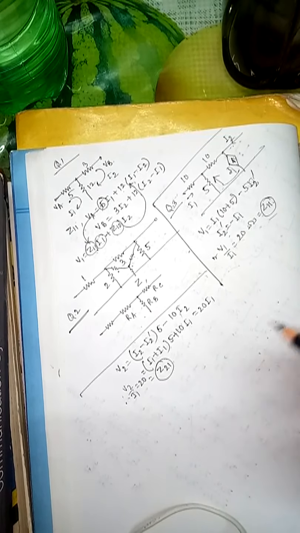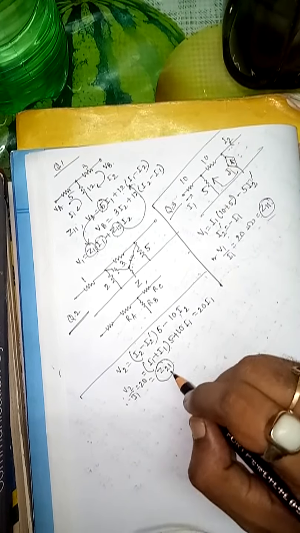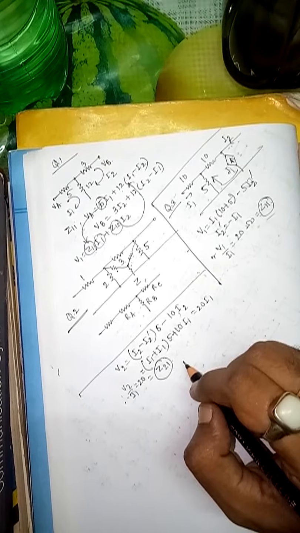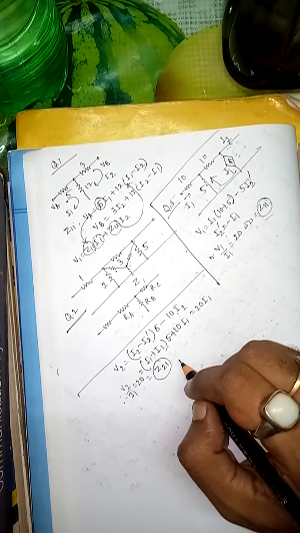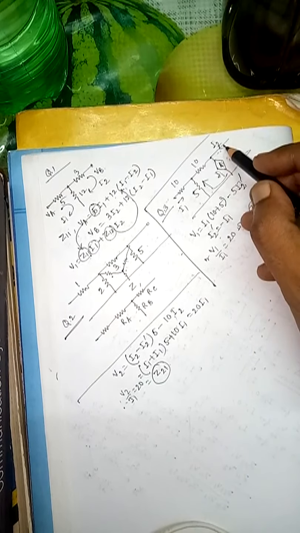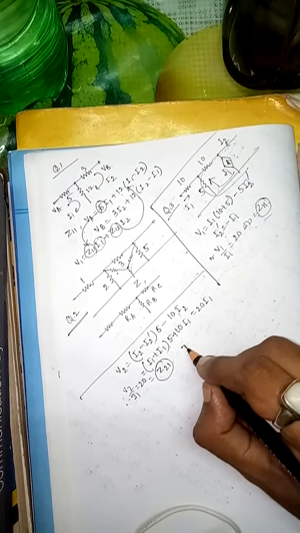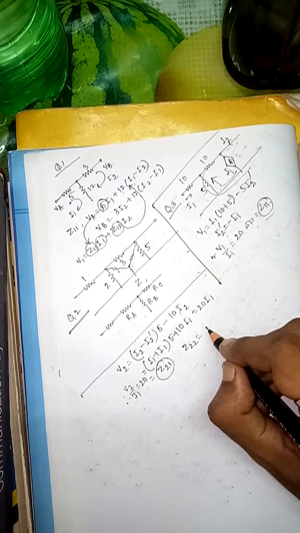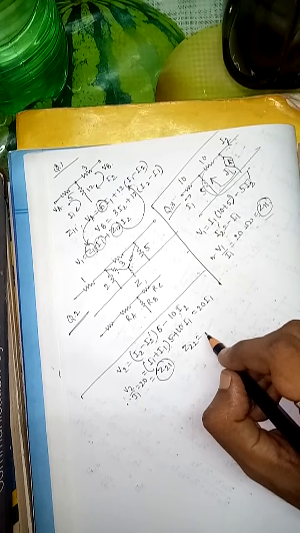So how to get the other value? You have to use the circuit in a different way, so you have to get Z22. So how to get Z22? Here, if you are considering this is the only short circuit current, so I can write that Z22 equals, that is 15, and that is 15, and that is I2.